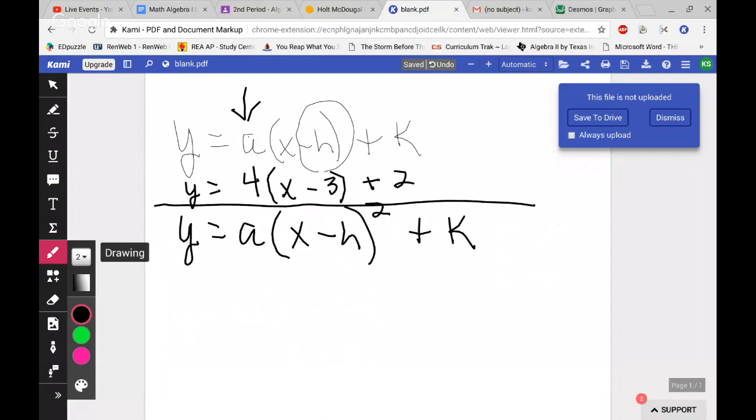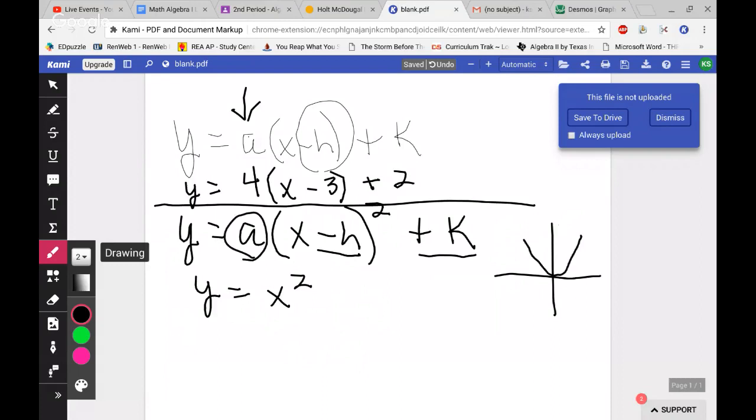So what happens with a quadratic, remember a quadratic, that parent graph literally looks like this and goes through the origin. So the parent graph just literally looks like x squared because you haven't moved the x and you haven't moved the k, nor did you adjust this part, which makes it how skinny or fat it is.